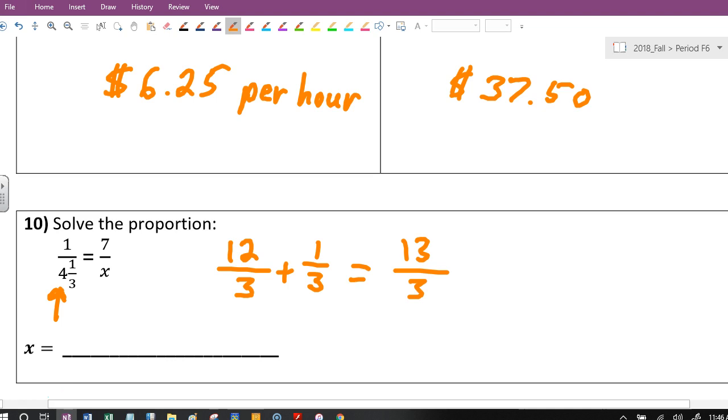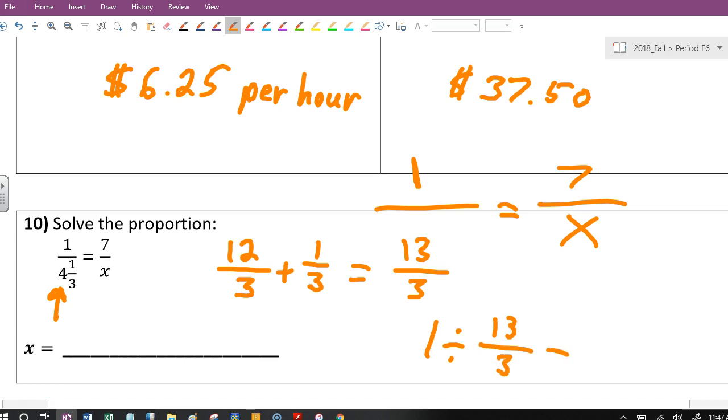Okay, so now we rewrite it: 1 over 13 thirds equals 7 over x. And then you could get rid of the 1 and just make it 13 over 3. No, because that's 1 divided by 13 over 3. So if we had 1 divided by 13 over 3, that would make 1 times 3 over 13.